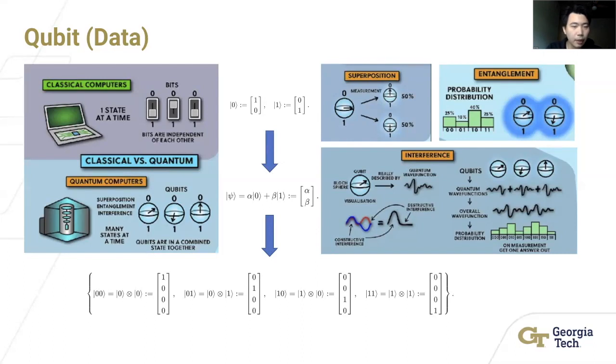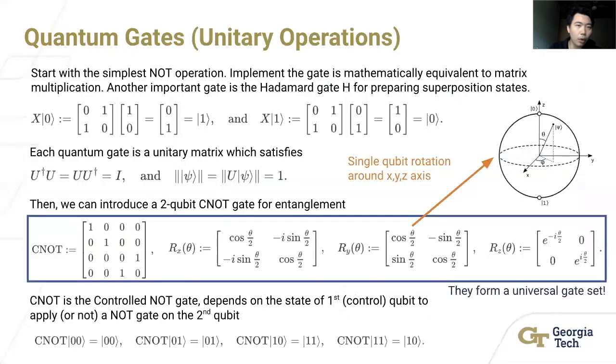And I would like to move on to quantum gates. Qubits are the data type you have in this computation, and quantum gates are the operations you actually do to the data. We can start with the single-qubit gate, which is the X gate. It is the NOT gate.